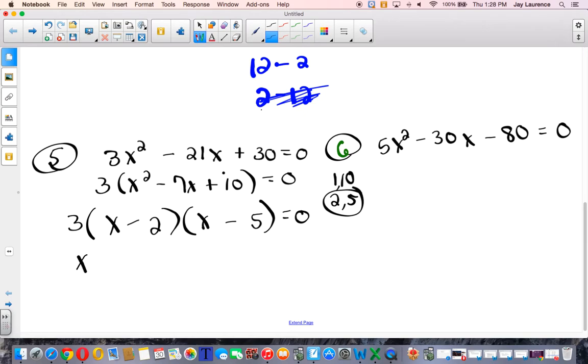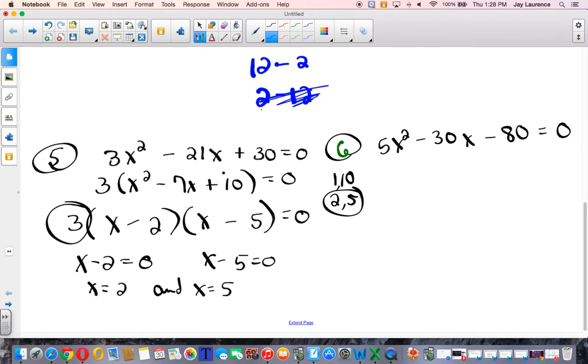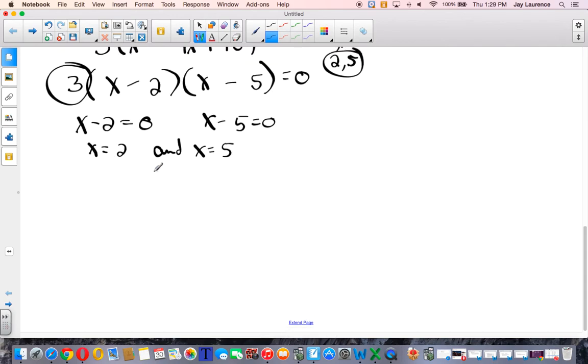So I'm going to take x minus 2 equals 0, and x minus 5 equals 0, and solve for x. If there was an x out front, I would have to do that one as well. But there is no x there, no variable, so x is going to equal 2, and x is going to equal 5. And some of you would write the answer this way, or you'd put the solution set of 2 and 5. And there you go.